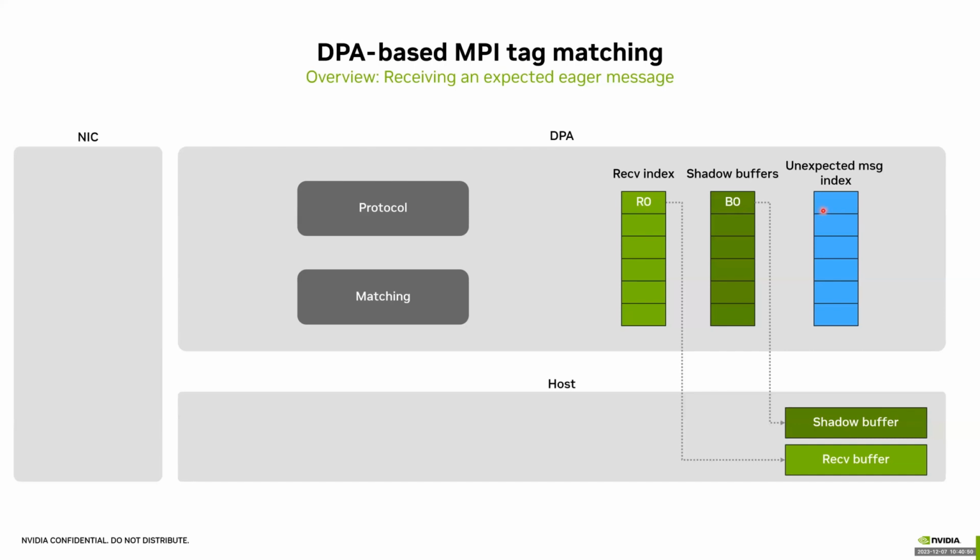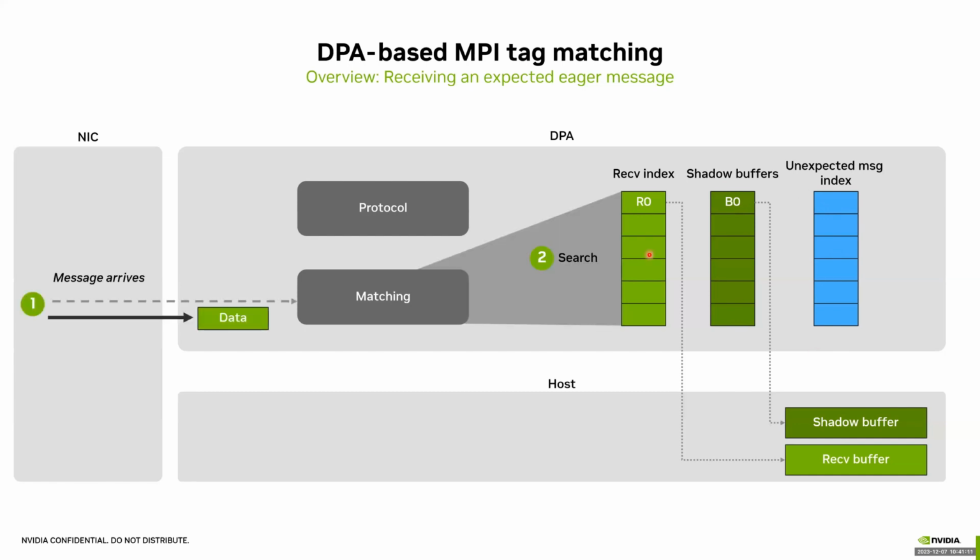And finally, we keep an index to remember where the unexpected messages are. We get a message, we put it in a shadow buffer. We need to keep an association between that message and that buffer, so we can do this two-sided matching we said before, right? Remember, even when you post a receive, you still have to do some matching. And this is the index that you want to check. Okay, so you get the data. The matching phase searches the receive index. In this case, it is expected and eager, so we actually find a receive.